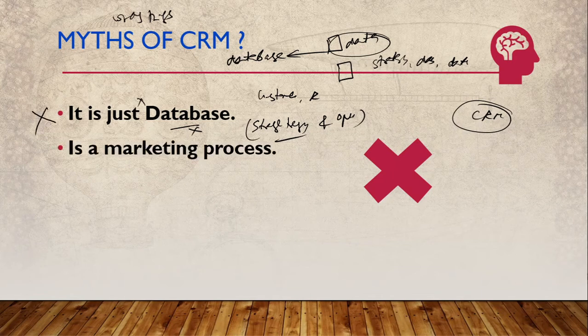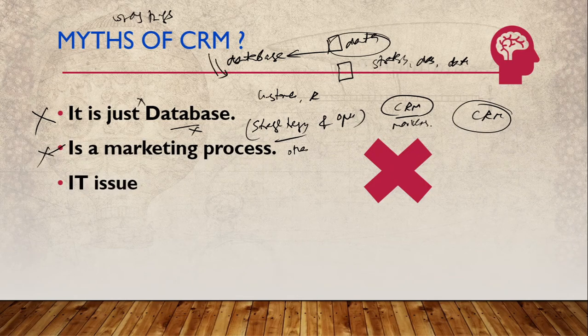Next, of course, CRM is a part of marketing. Marketing tools use the CRM, but this itself is not marketing. There are also other factors to the CRM. So CRM is not just a marketing process.